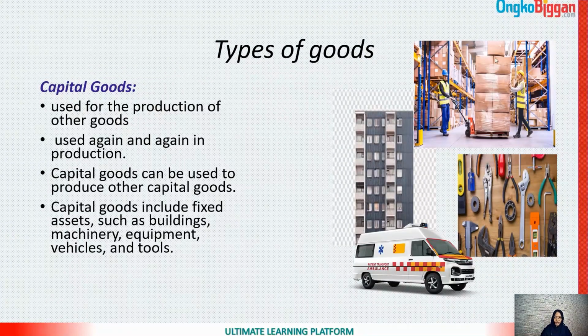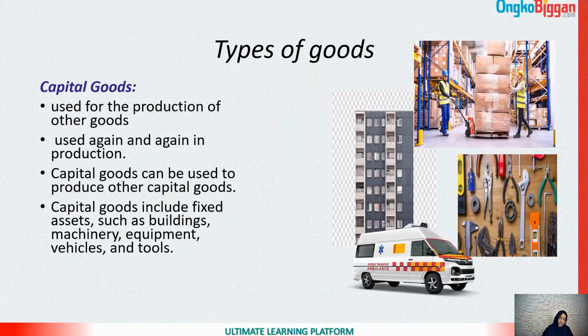Capital goods. From the picture here, you can see the warehouse, the instruments or tools, the buildings, the transport system. These are called capital goods. Capital goods are used for the production of other goods, used again and again in production. This is not for a short period of time or once.